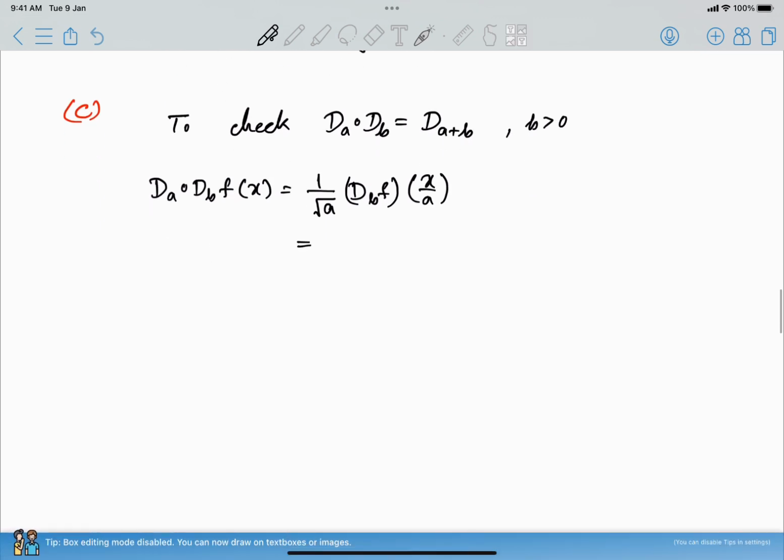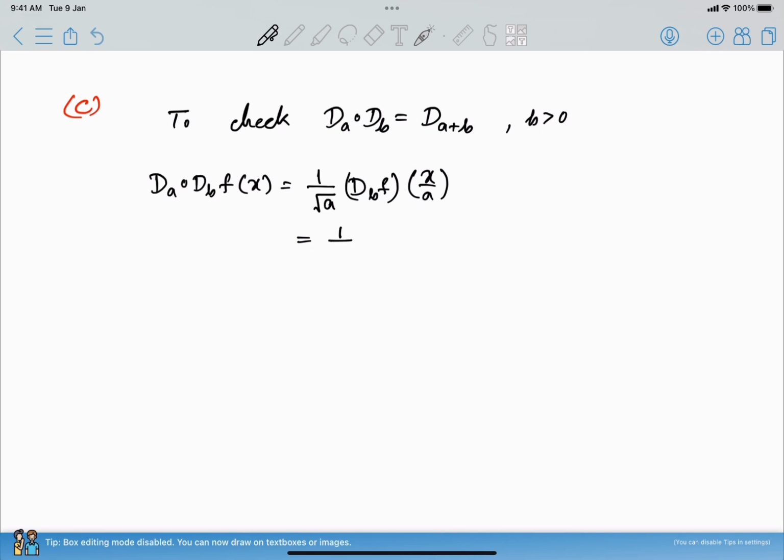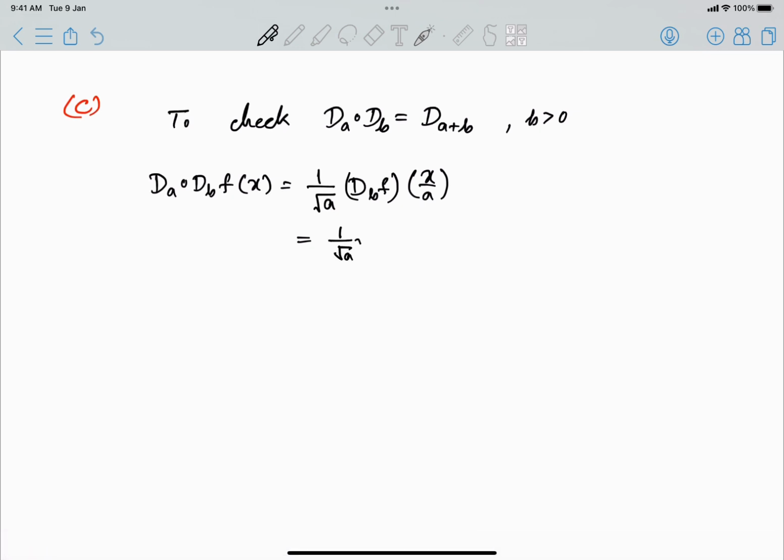Now use the definition of dB. So this is 1 by square root a into 1 by square root b, f of x by a by b, which means x by ab. So this is basically 1 by square root ab, f of x by ab, which is the same as d of ab.